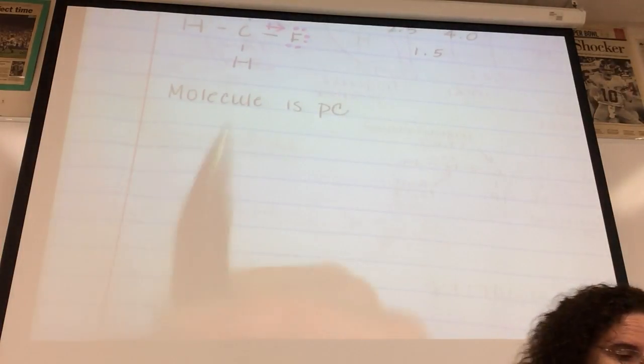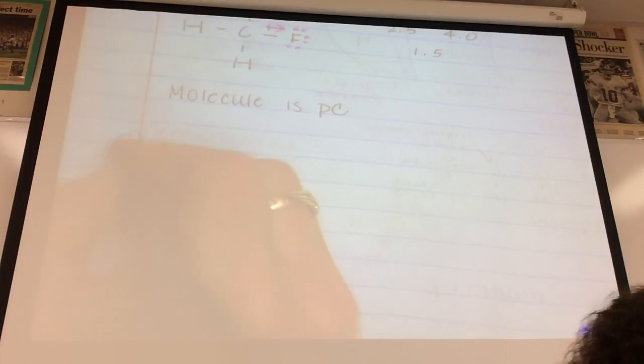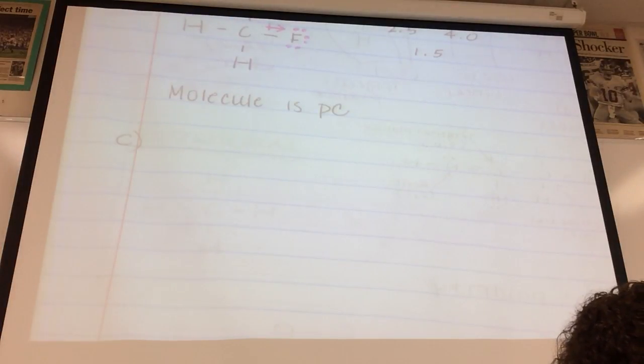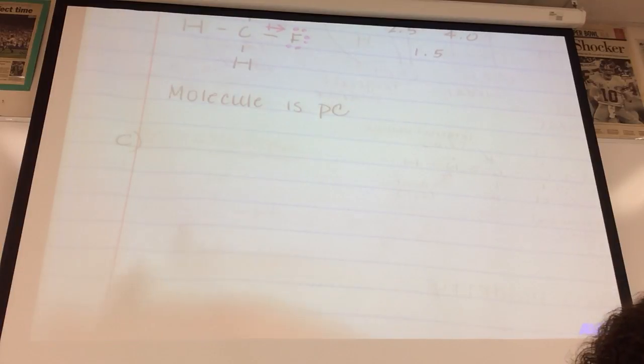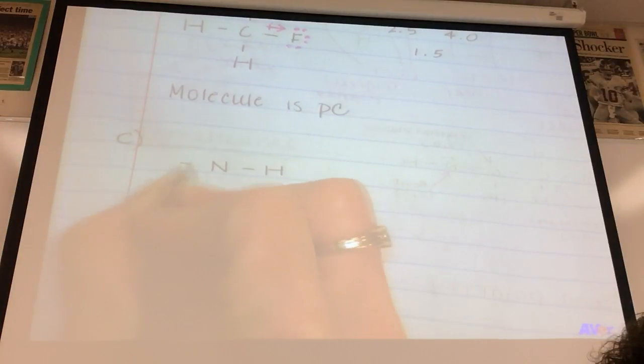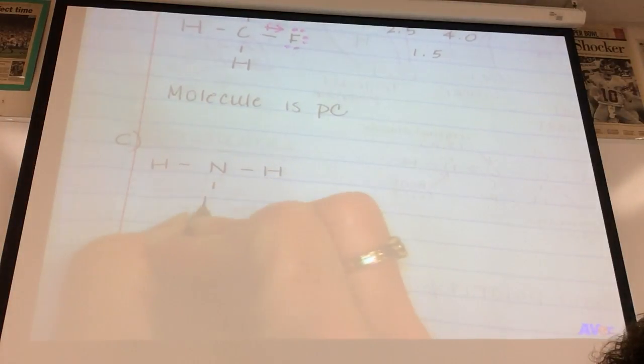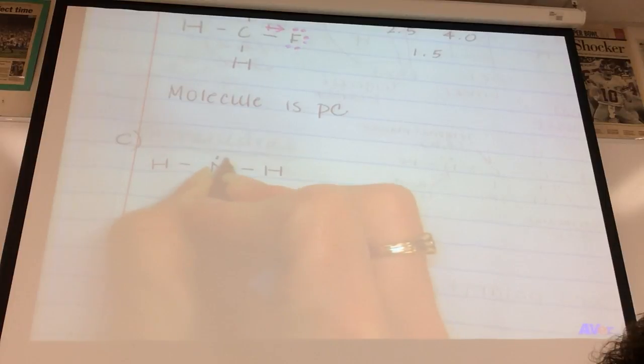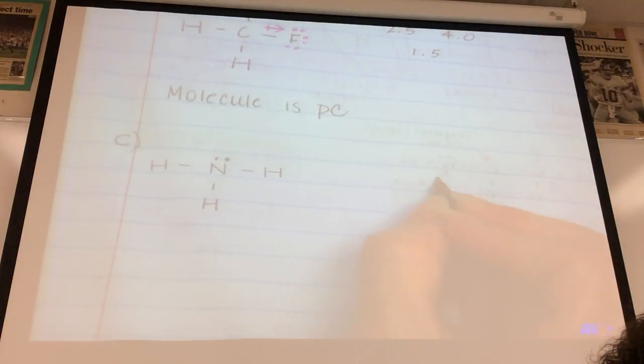All right, C. It says the presence of a single lone pair of electrons on the central atom results in a polar molecule. Bent structures also illustrate polar molecules. For example, and I'll give you 2, ammonia and water.